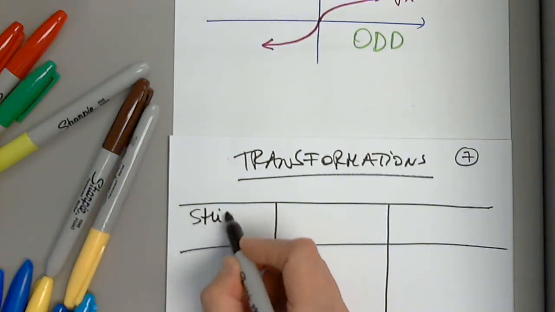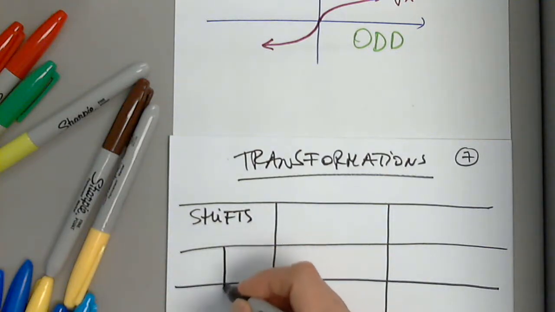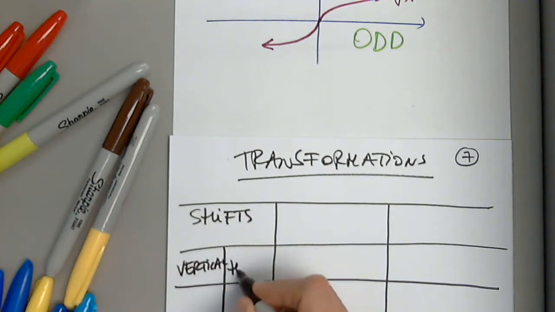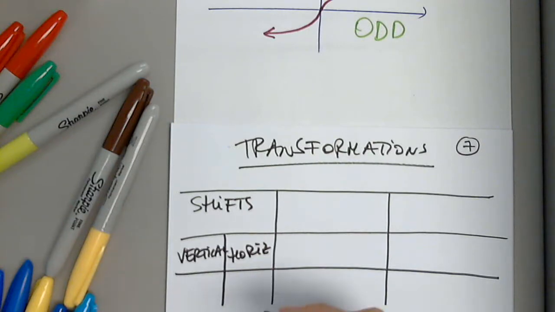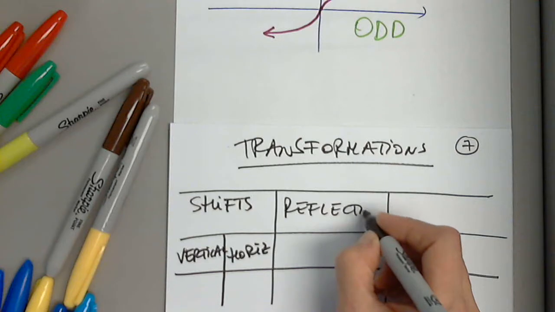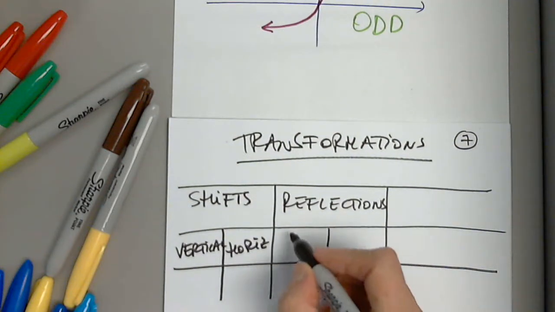Shifts. They are vertical, horizontal. Reflections. 2 types.